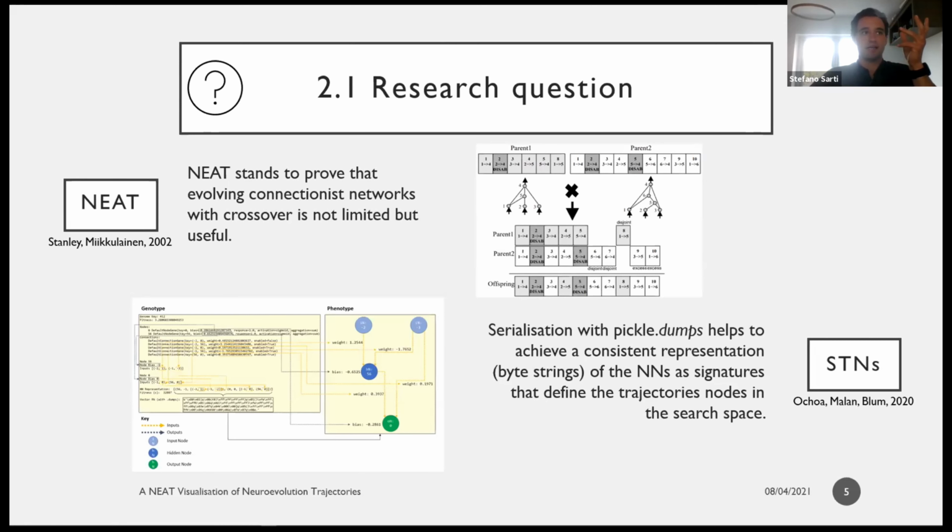It converts the neural network representation derived from the genome into a byte string, which can then be used as the signature to create these nodes in this search trajectory network model.